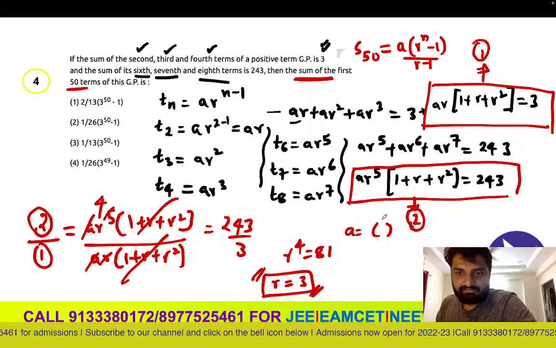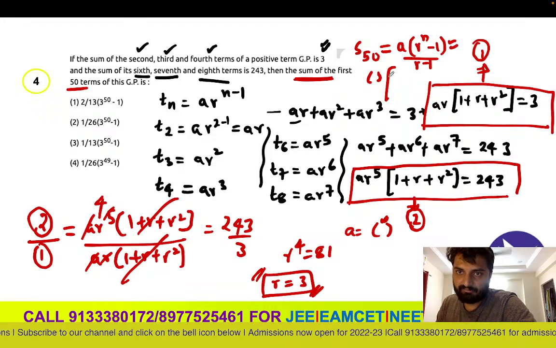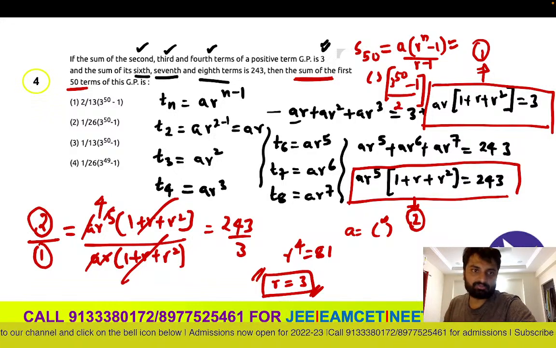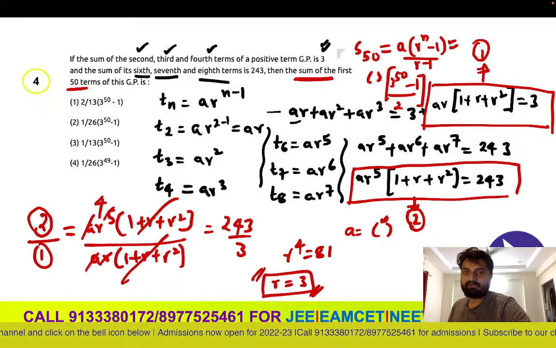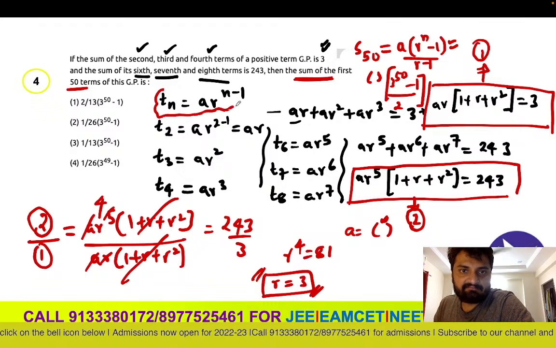So A we will find out, that you substitute. R we already know is greater than 1. That's why we are taking this formula. 3 power 50 minus 1 by 3 minus 1, which is nothing but 2. So you simplify, you will get the final answer. So here we are using Tn, which is the nth term of GP.